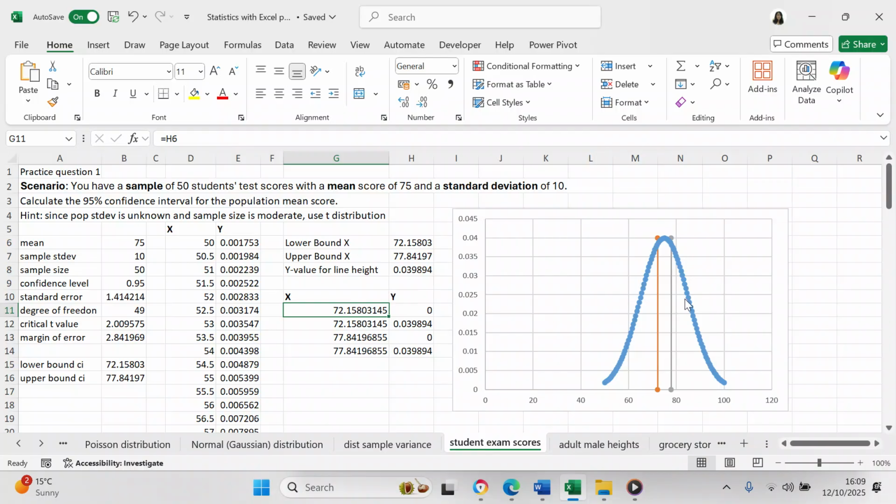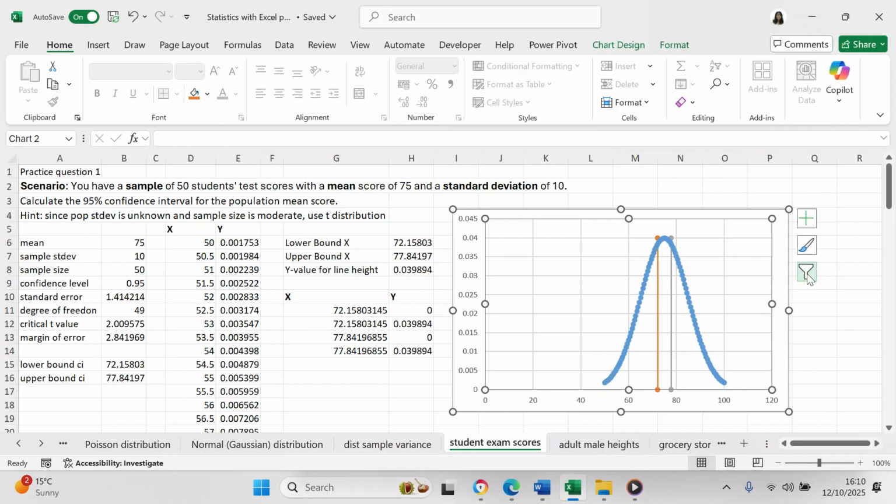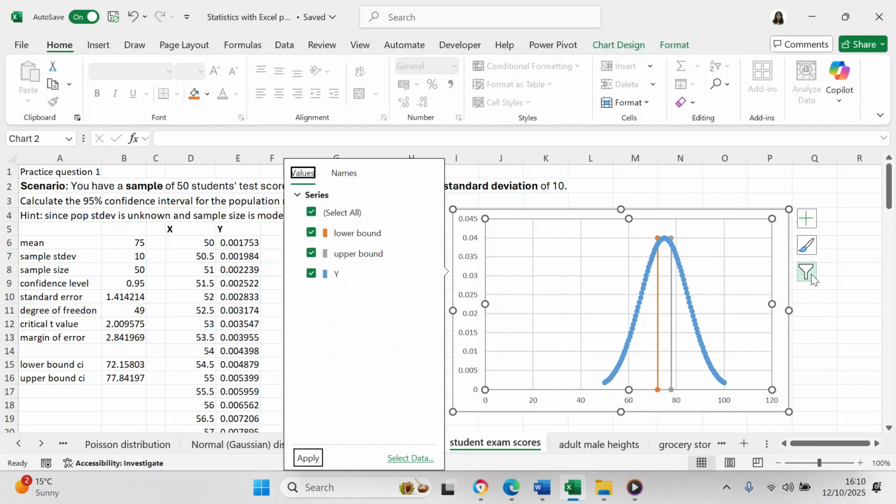So you've got your normal distribution in blue, your lower bound in orange, and your upper bound in gray. If you want to see what we did, we've actually got 3 charts in one, and we've applied all 3. Your normal distribution is blue, gray is your upper bound, and orange is your lower bound.